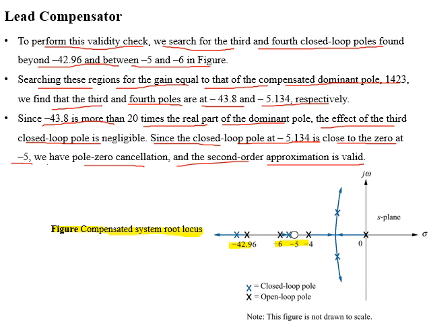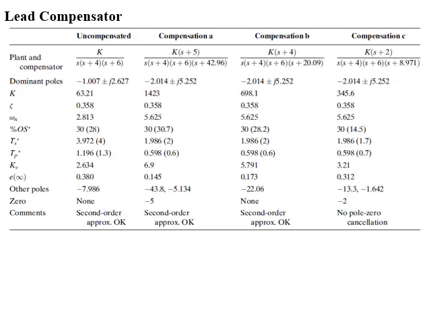And the second and third controllers are designed with the same procedure by placing a compensator 0 at minus 4 and a compensator 0 at minus 2. The rest of the steps are the same. Dear students, the dominant pair location, the transient specification, location of 0 and location of other poles are summarized in this table.